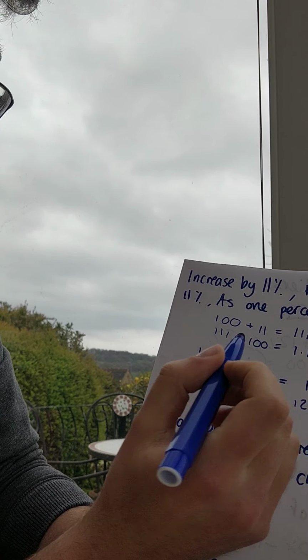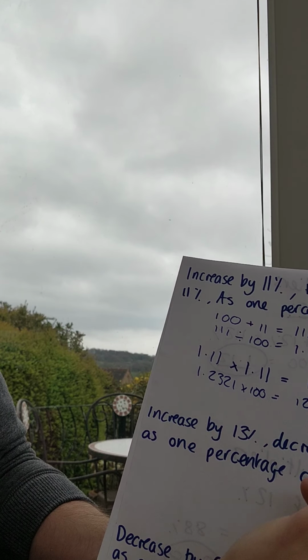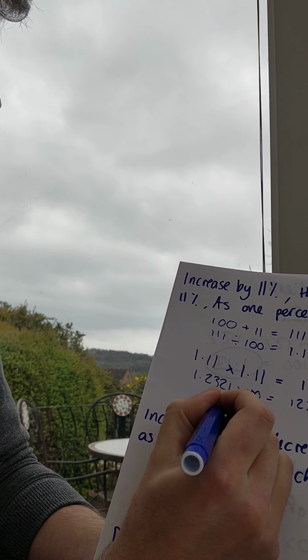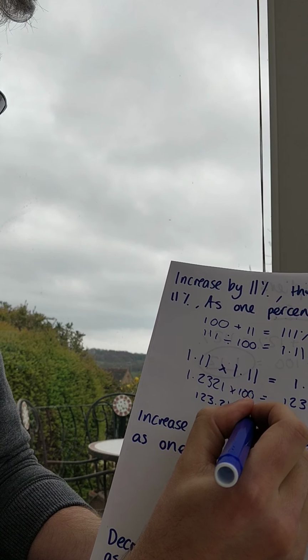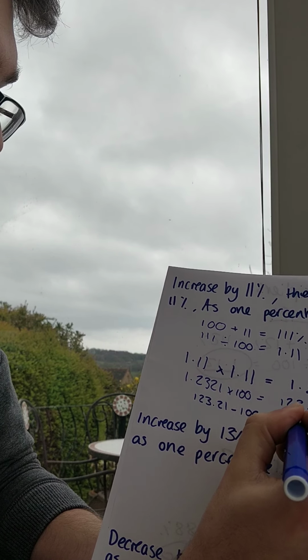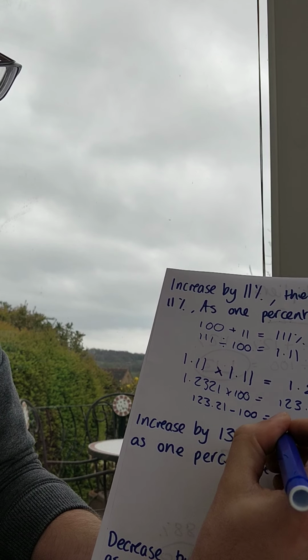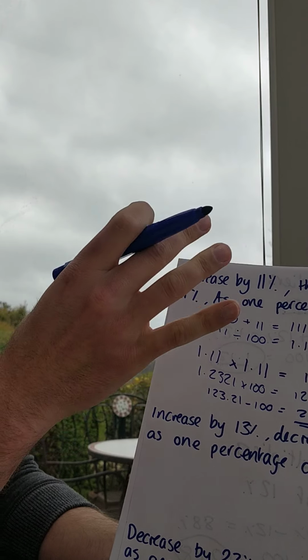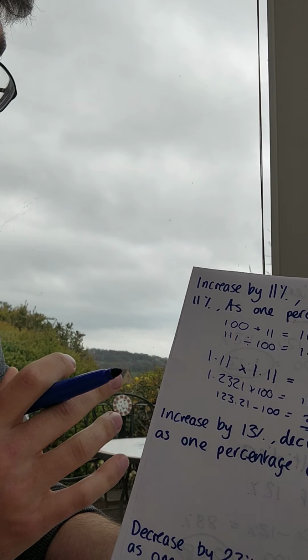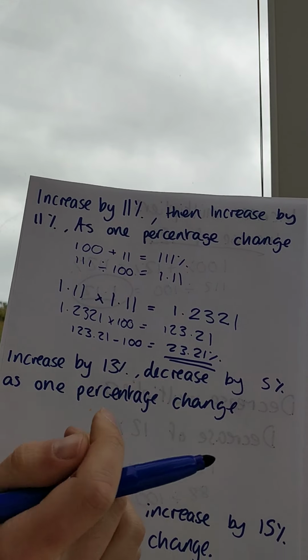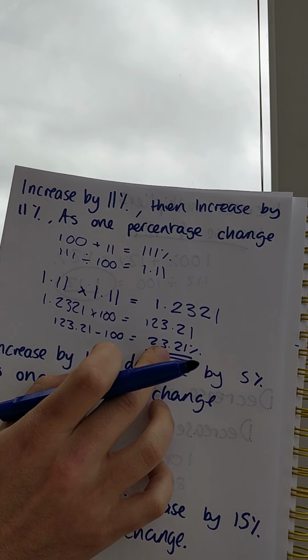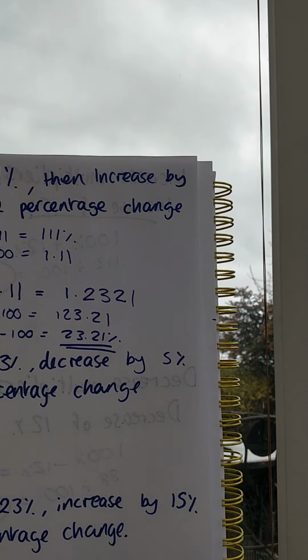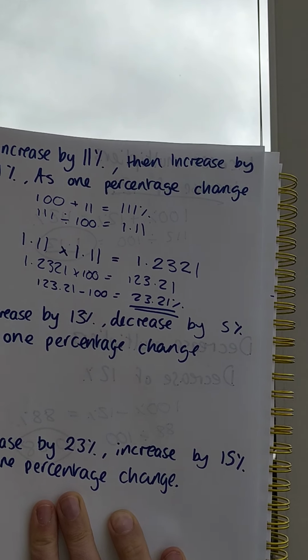You have gone up 23.21, so do 123.21, take away 100, and that gives you 23.21. That would be the actual percentage increase. So if you're going up by 11%, up by 11%, in one go, you could just go up by 23.21. Hopefully that makes a bit more sense.